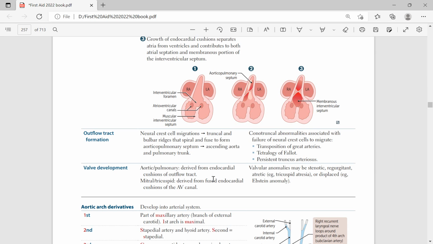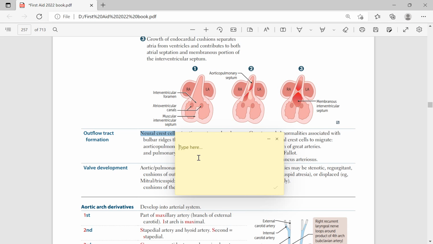So, neural crest derivatives: aorticopulmonary septum and endocardial cushion. We will take note here.